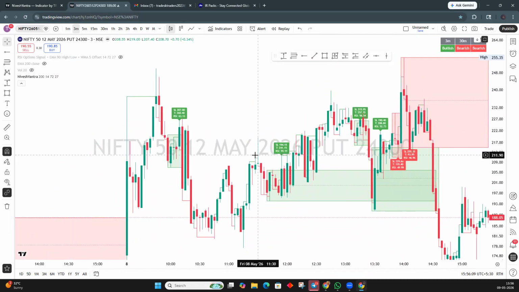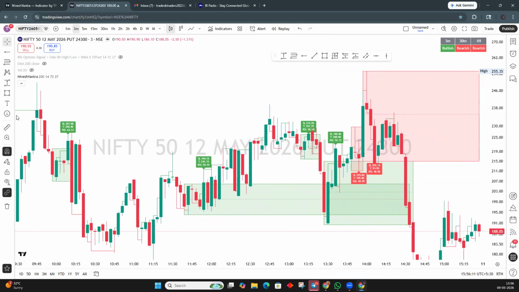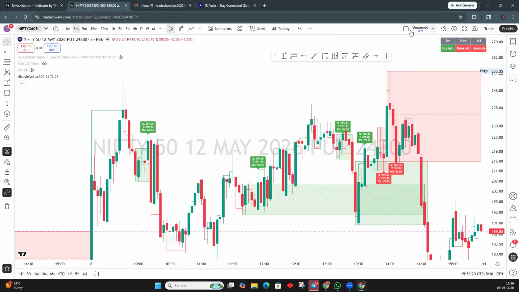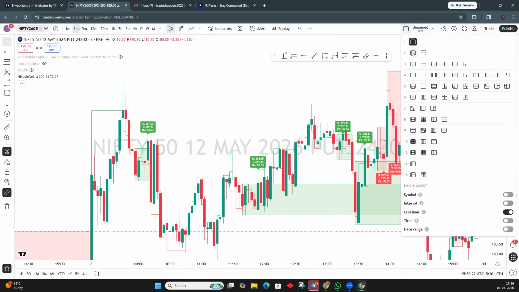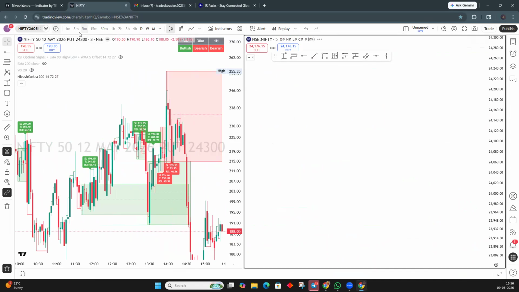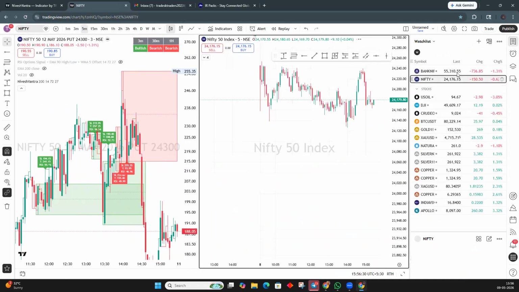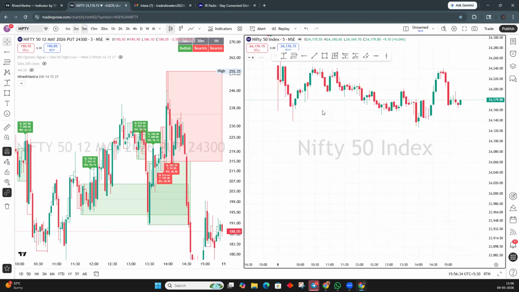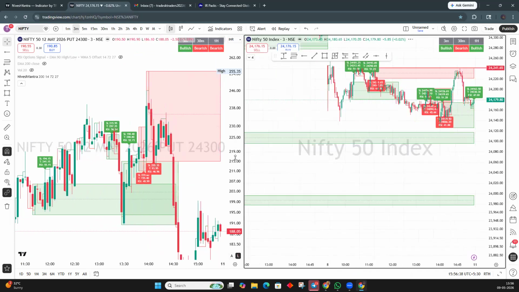Now you can see here the option chart at the same time as I have shown in the Nifty. If you see on the Nifty chart also, at the same time the selling signal came, and the Nifty also gave the selling signal. So just let me show you and I will compare it for your knowledge.